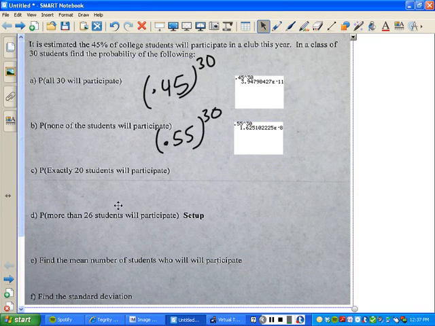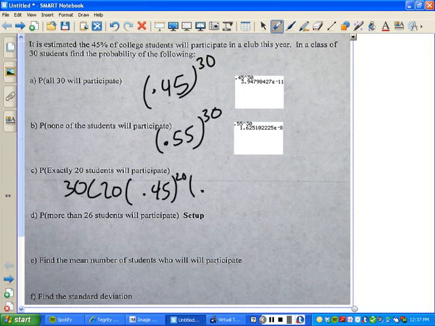Okay. What's the probability that exactly 20 people will participate? That is 30 choose 20, 0.45 to the 20th, 0.55 to the 10th.